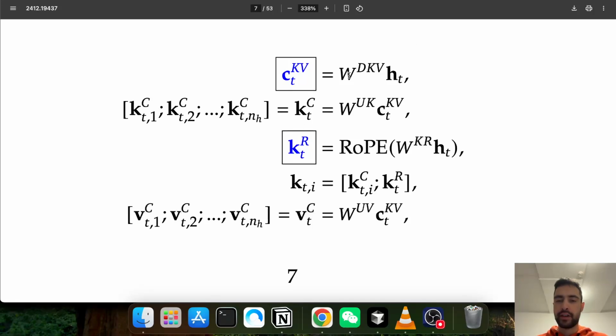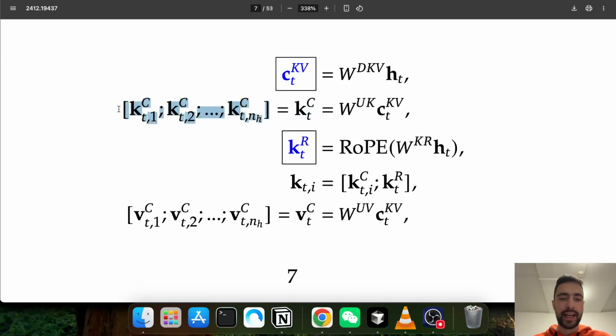And of course, this weight matrix and this weight matrix are just converting. This is the down key value. I should have said that this is for creating both key and value. So we're going to use the same one here to create the value. This matrix is converting the big token into this latent, and then this matrix is upscaling, so converting the latent into this key.